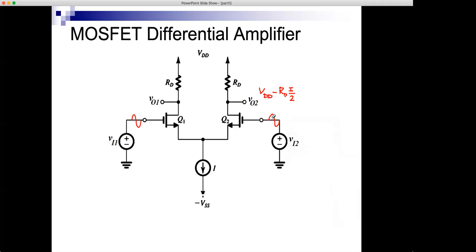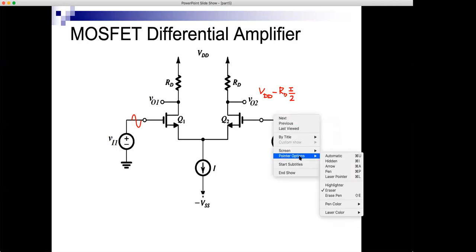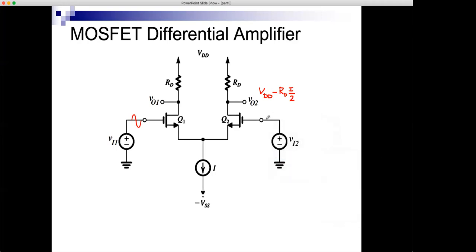Let's draw a better one. All right, so this is sine omega t and this is sine omega t. Even though they don't look exactly the same, they are exactly the same. So this is a signal here that's sine omega t volt. This is a signal here that's sine omega t volt.